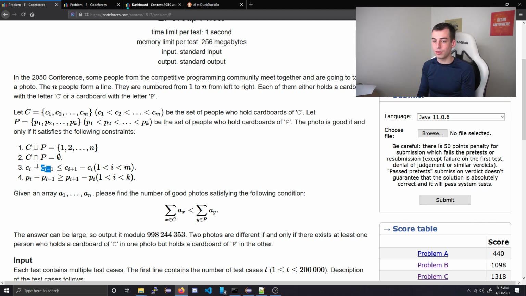So the C's get more and more spaced out. And then the P's, so the first difference, the P's get less spaced out. Okay, so the differences between the C's increase as you go right, and the P's decrease as you go right.